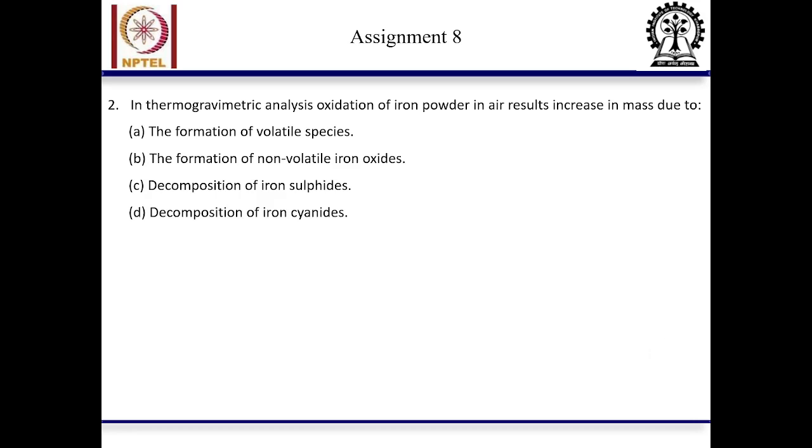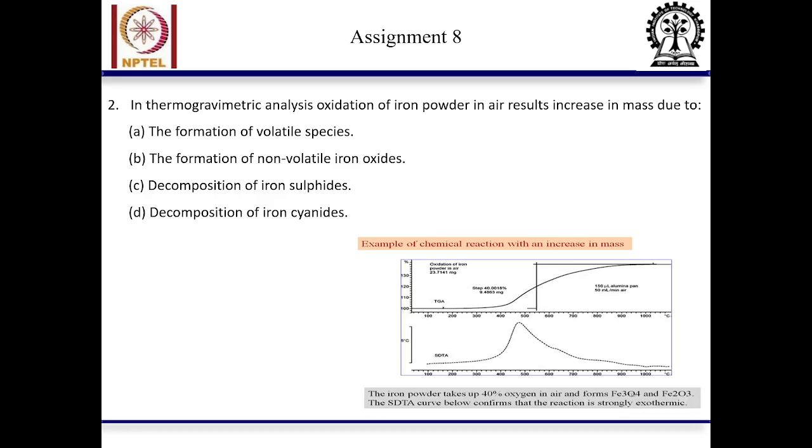So basically Sunil Pawar is right. This is the example of a chemical reaction with increase in mass. We have seen this in lecture number 38. What happens?